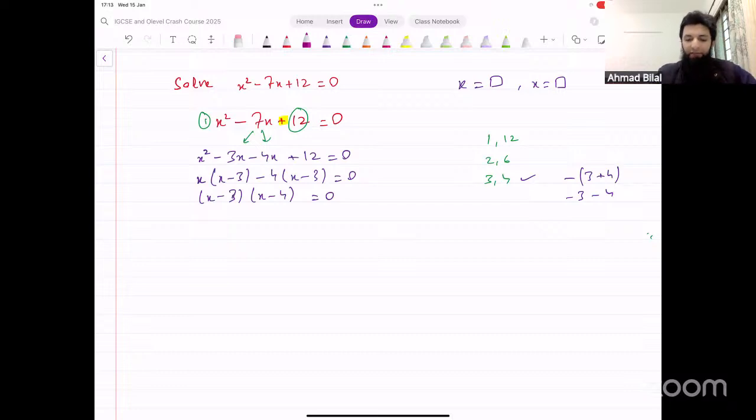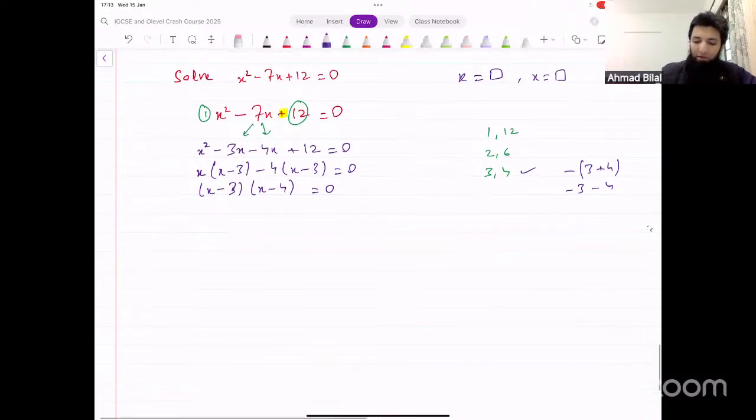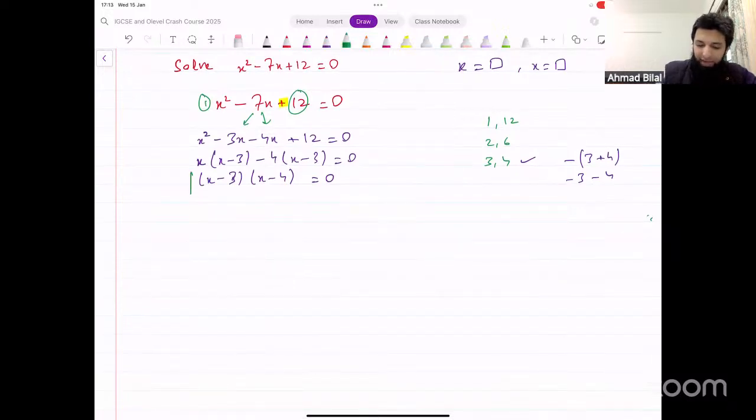Remember, in the factorization process, we just want to write something in this form, x minus 3 into x minus 4. Now, we have written that in this form. The factorization process is done, but we actually wanted to solve this equation. Now, how do we solve this equation? We've got x minus 3 into x minus 4 equal to 0.